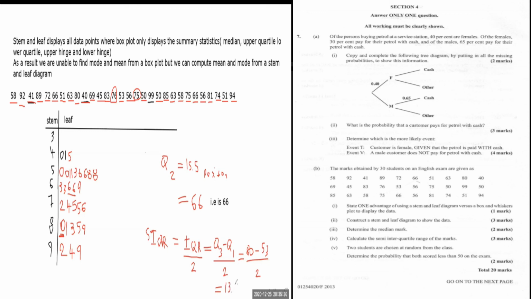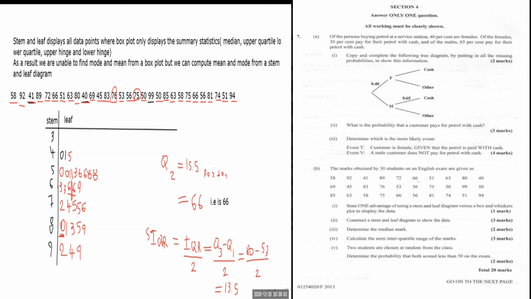That's the semi-interquartile range. If you want to know how I found these, think of it this way. After you reach the middle number, think of it as splitting the data in half right here.